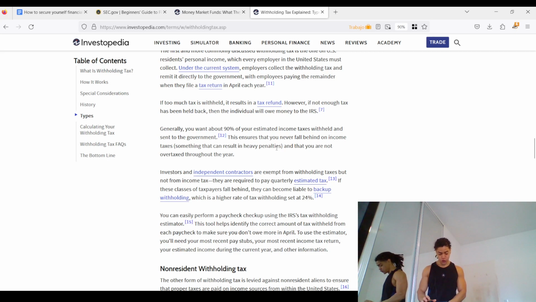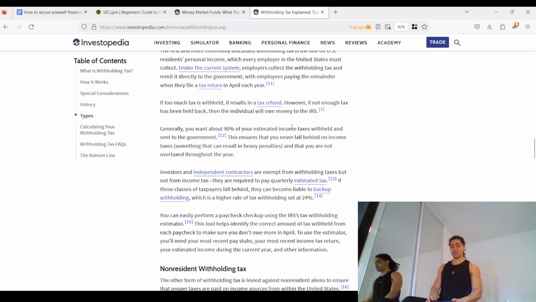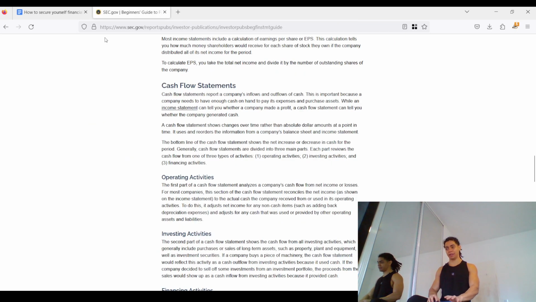So with that huge description about the most common operating assets and liabilities, okay, and how the first part of the cash flow statement works, what it does is look at the net income from the income statement and reconcile it with the total amount of cash that was used or received from operating activities, operating assets and operating liabilities.